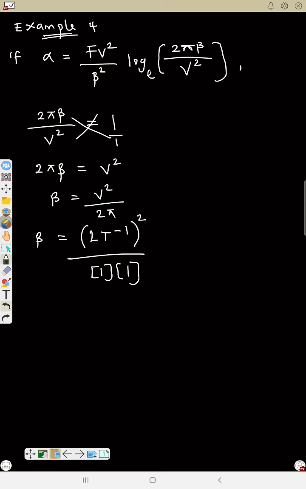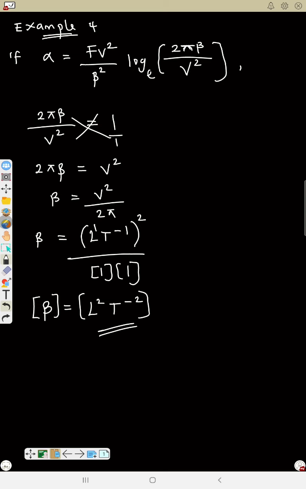We've talked about this in the first video. So now this becomes L squared T raised to power minus 2, because 2 times 1 is 2, then 2 times minus 1 is minus 2. So this is the dimension for beta.